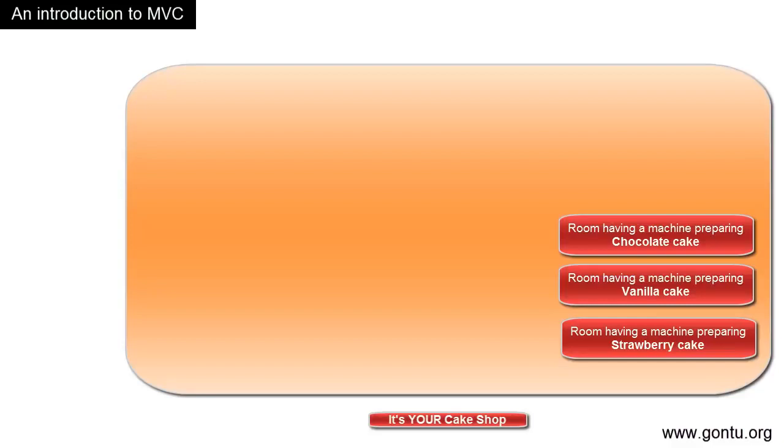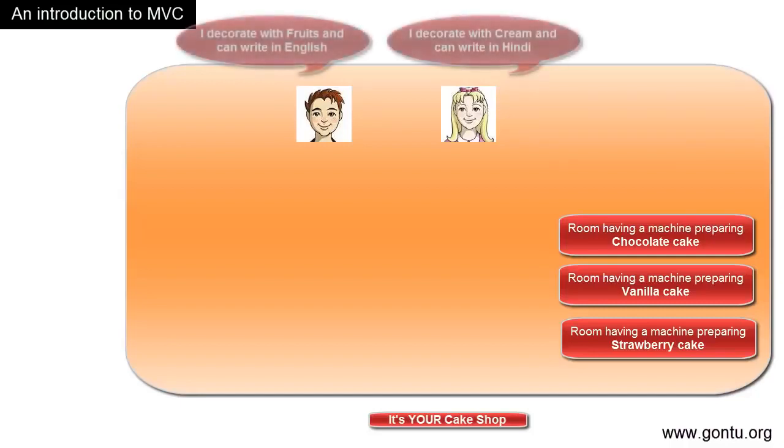You have 2 employees who have a skill set of how to decorate a cake in a specific way. Say one person specializes in writing a greeting message on the cake in English language and can decorate it further with fruits. Other can write a greeting message in Hindi language and can decorate it further with cream.